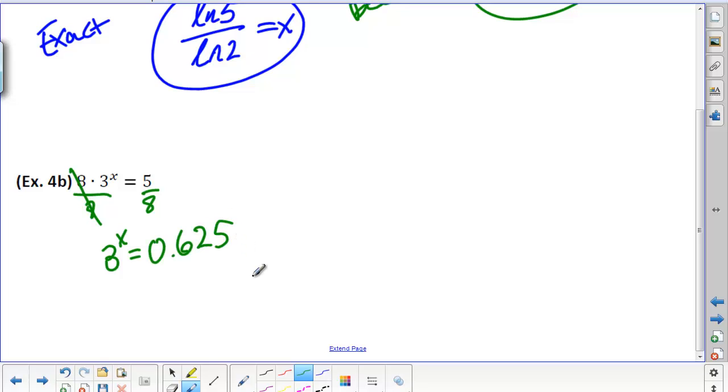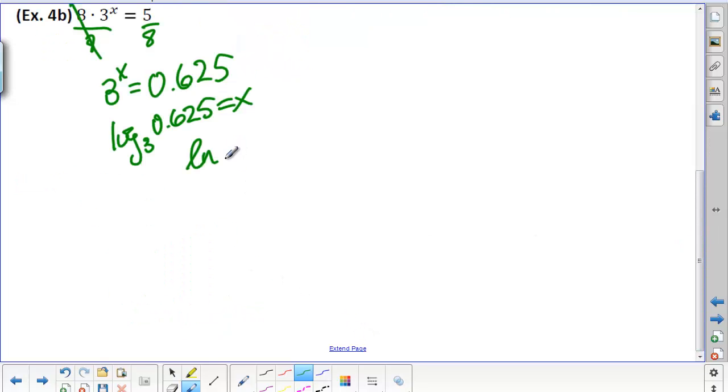And then from there, proceed the same way. That's log base 3 of 0.625, or natural log of 0.625 over natural log of 3. So there's our exact form.